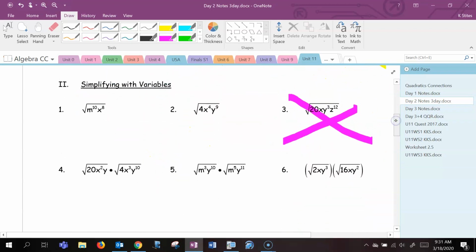Let's come down to simplifying with variables. Okay, so essentially we have 3 options. If we have a number, we're either going to do a tree or we have a perfect square. Okay, so that's like normal. If we have an even exponent, that means half of those are the pairs, and so half will come out.